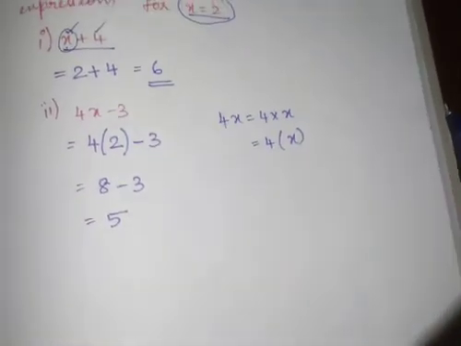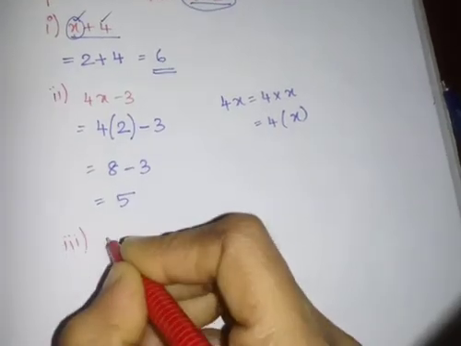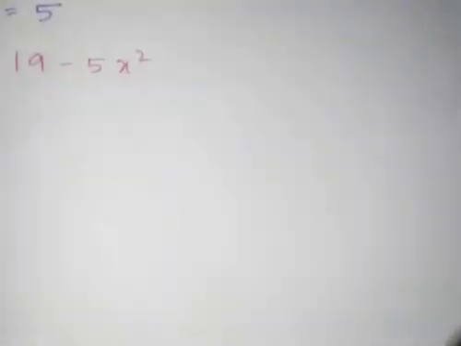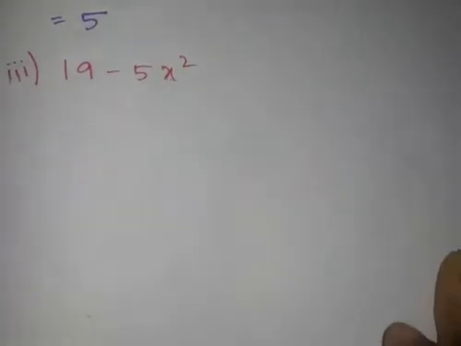Next, what is your third problem? 19 minus 5x square. Now what is the value of x, children? 2, right?